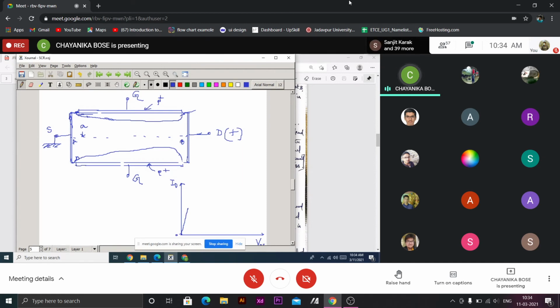So now the resistance will increase and the current deviates from the linear one. So sublinear region. The increase in current for the same increase in VD will now decrease. So the ID-VD characteristic curve bends.